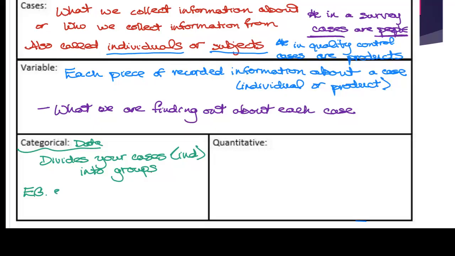So the different groups would be maybe your eye color, could be your favorite superpower, maybe whether you are left or right-handed. So it divides you into different groups. I'm sorry, I am right in your way, aren't I?